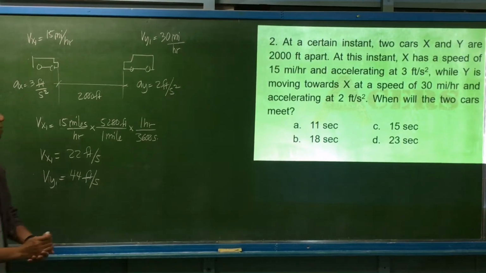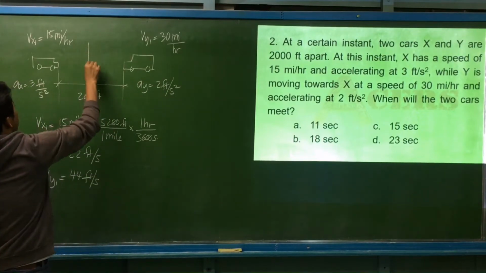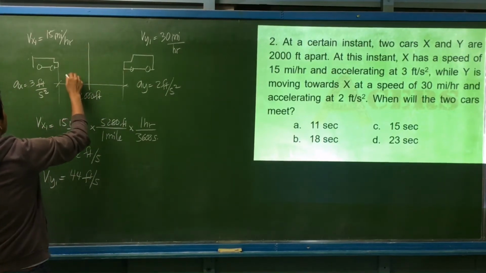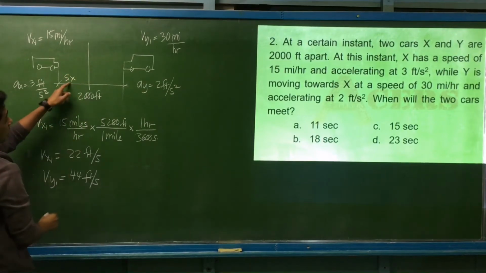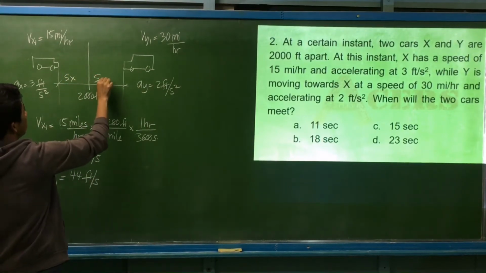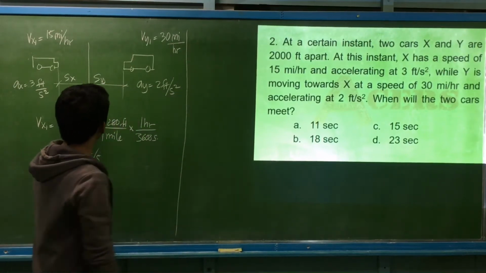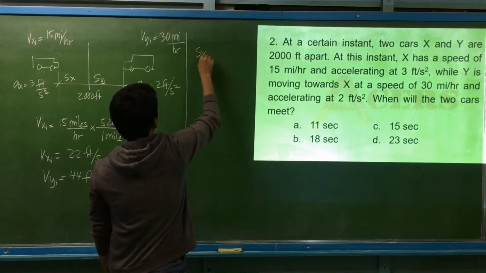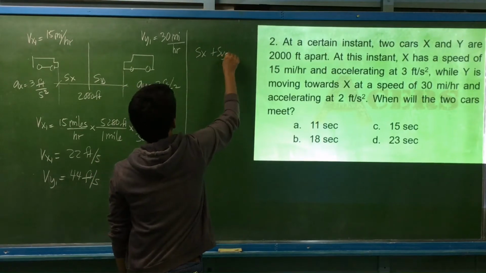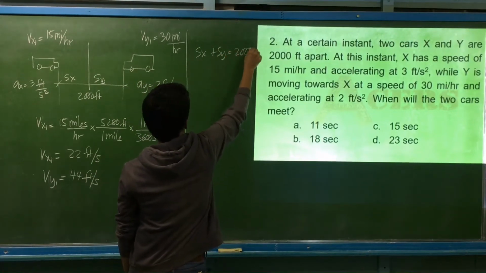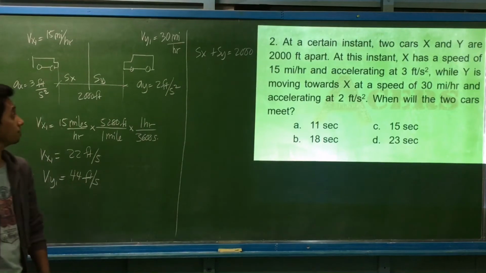So let us assume a meeting point. Let's say this is the meeting point. This is the distance to be covered by car X, and the distance to be covered by car Y. If we set our equation when it comes to the distances, S of X plus S of Y is basically equal to the 2,000 feet.